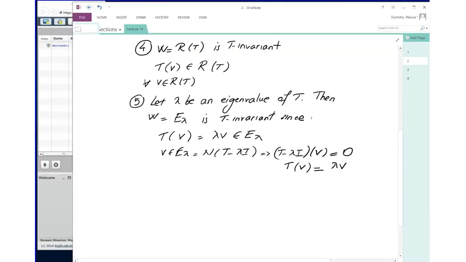Subspace of V. But it is a T invariant subspace. Why is it T invariant?